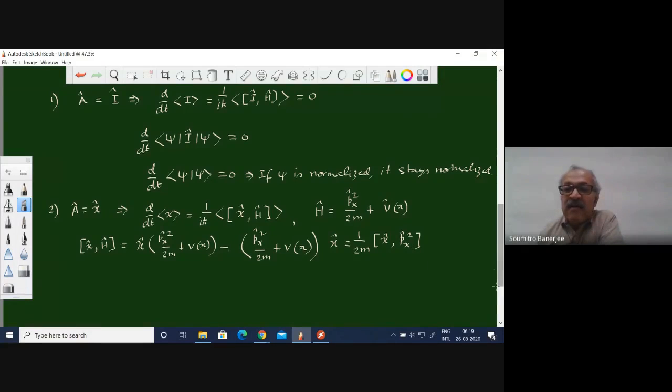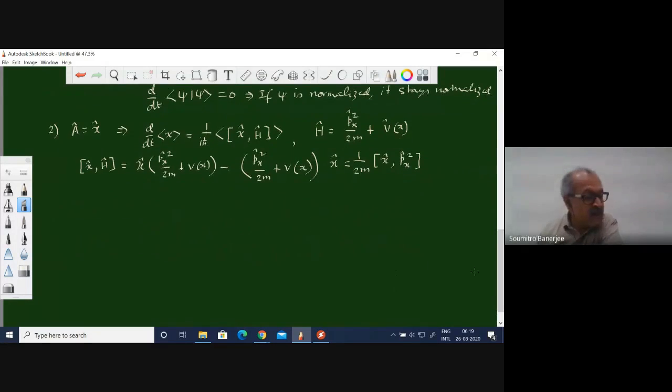Now what we'll do is that we'll explicitly write it. So it is x px px minus px px x, right?